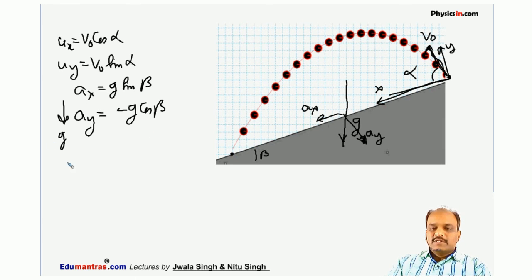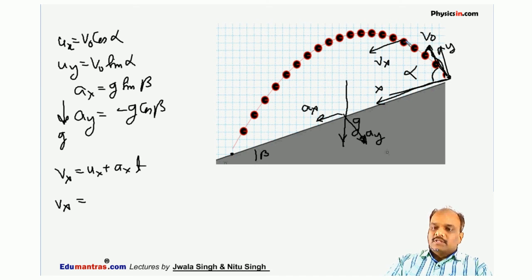So in the same way I can say Vx is equal to ux plus ax into t, where Vx means velocity of the particle along the x-axis at any time t, and this is our Vy at any time t.